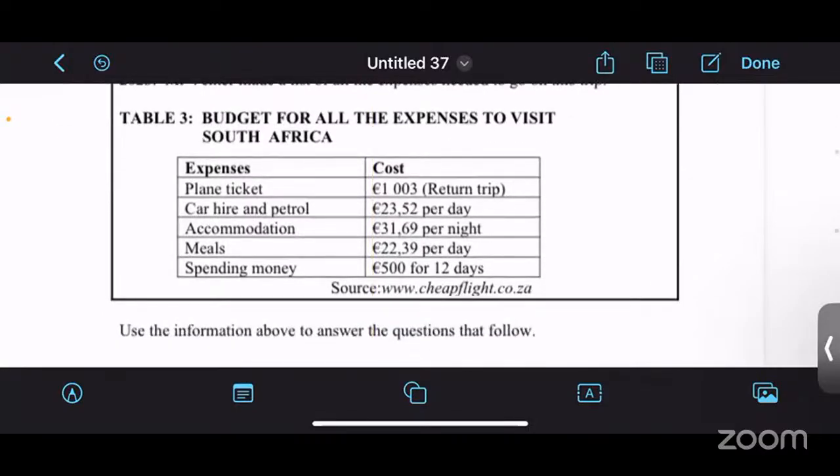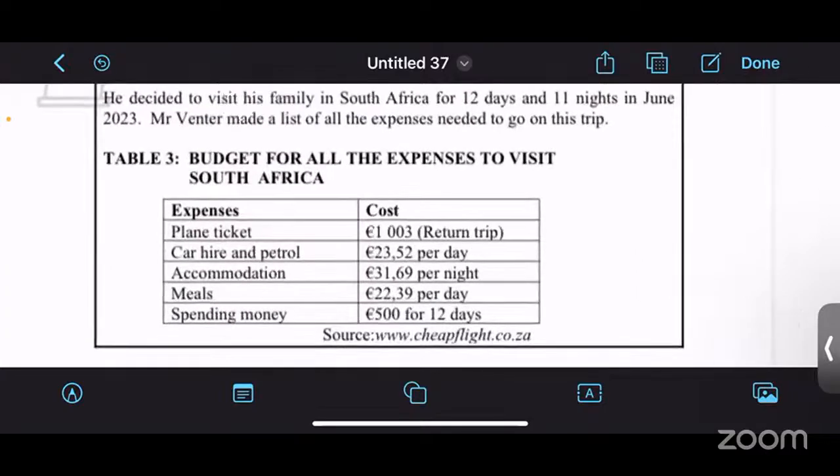We have plane tickets, expenses, and the costs. The first expense is the plane ticket, and it costs 1,003 euros. That is the return trip, coming to South Africa and going back to Germany. The car hire and petrol is 23,52 euros per day.